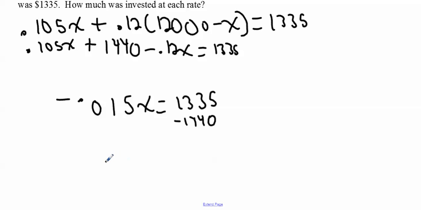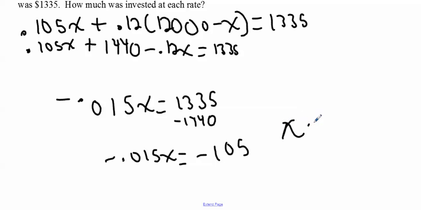So then what I get is negative 0.015x is equal to negative 105. And then I divide both sides by the negative 0.015, and I get x is equal to 7,000. So if there's 7,000 here, in the other investment, they have $5,000 invested.